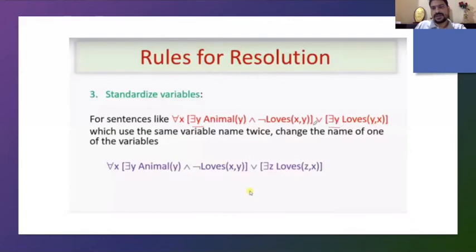So we have used the y variable once, and again we are using the y variable. It is putting ambiguity in the clause. To solve this problem, we just replace this y with another variable called z. So here that y has been changed to z. If you can see here, this y has been changed to z. That is called standardized variable.